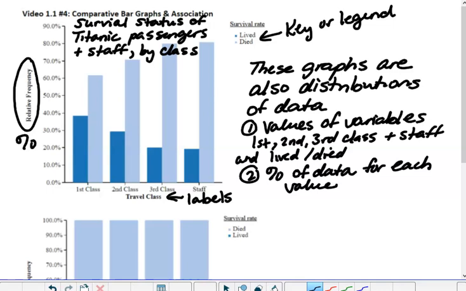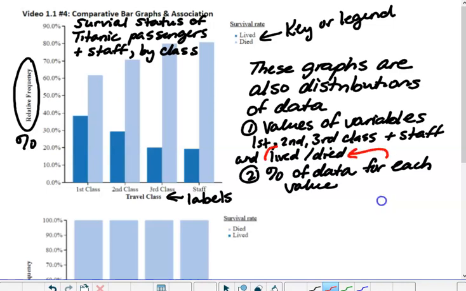Okay. So we can look and see that you can see the percent who lived and died in each of these. Now, does it tell you the percent of the data that's in the different classes? No, it doesn't. It just tells us the percent of the values who lived and died.